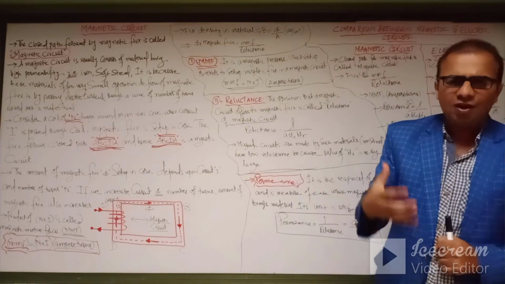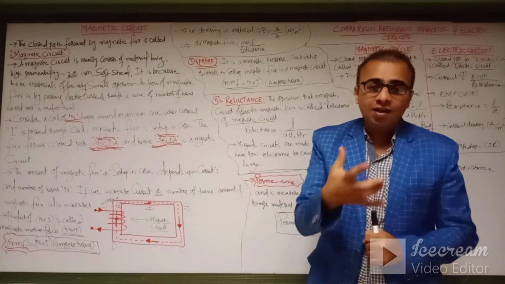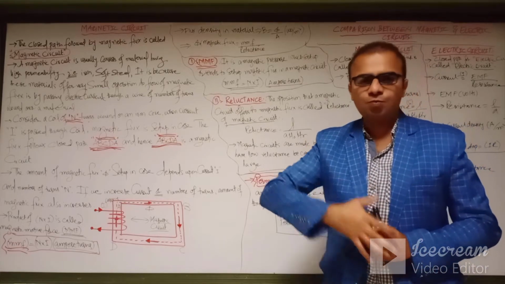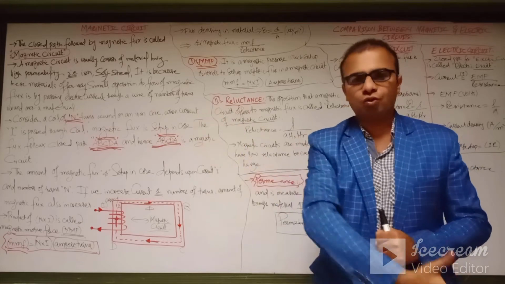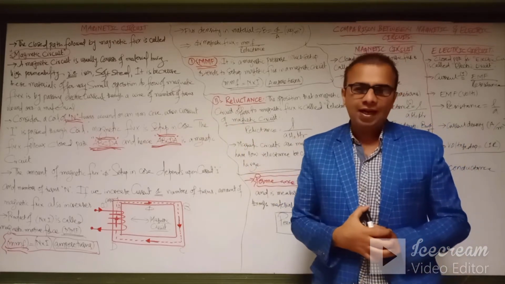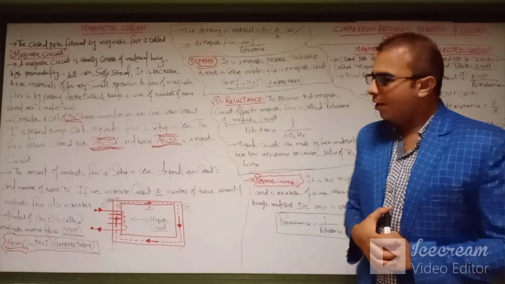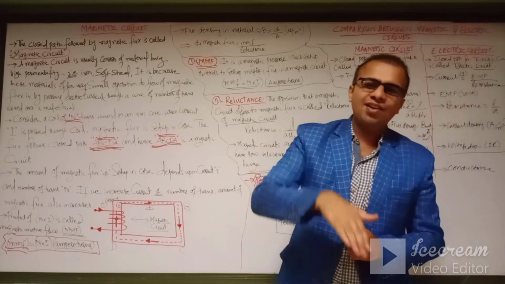Before that, what is magnetic flux? Magnetic flux is the magnetic lines of force produced by some magnetic source, and its unit is the Weber. And what about magnetic flux density?